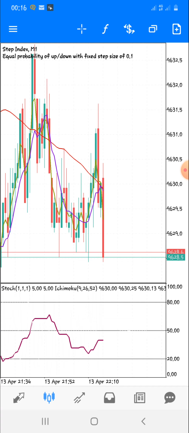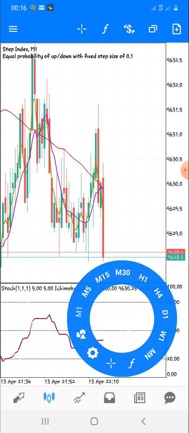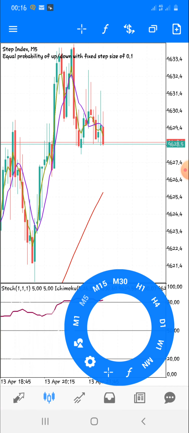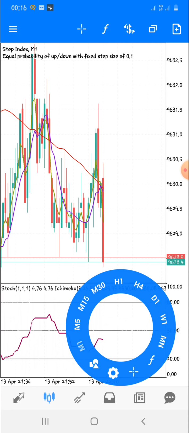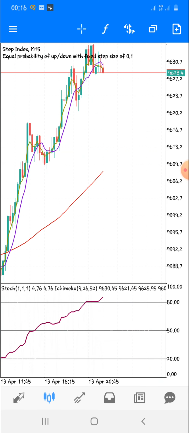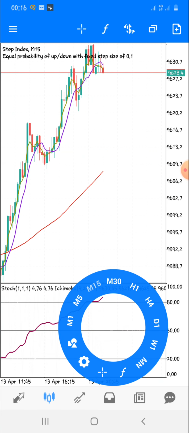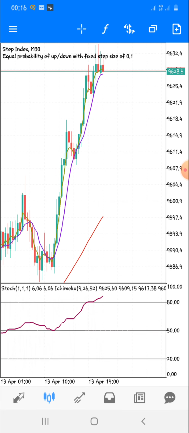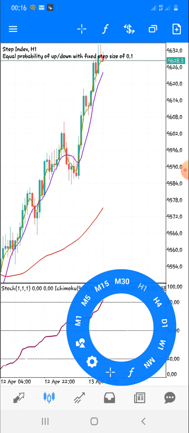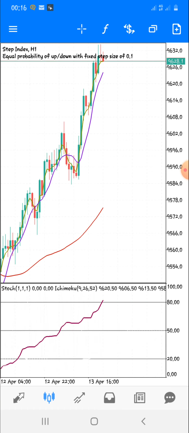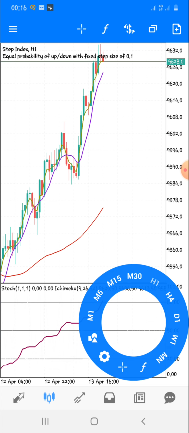Here we need to pay more attention to the 1 minute time frame, 5 minute time frame, 15 minutes time frame. Sometimes the 30 minutes time frame, but I usually trade from 1 hour to 1 minute. That's where I base my scalping on the step index.